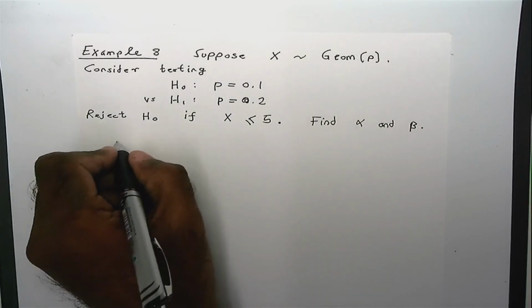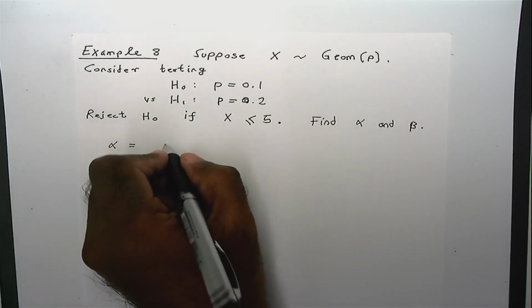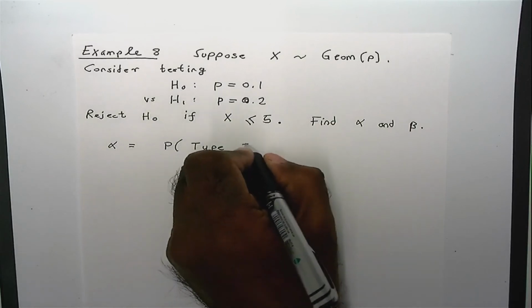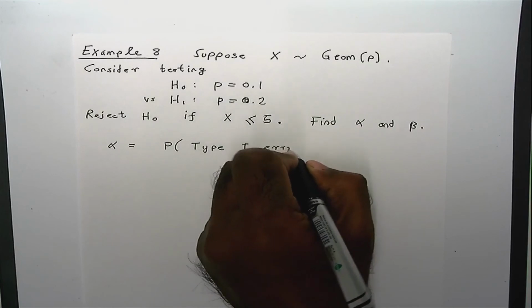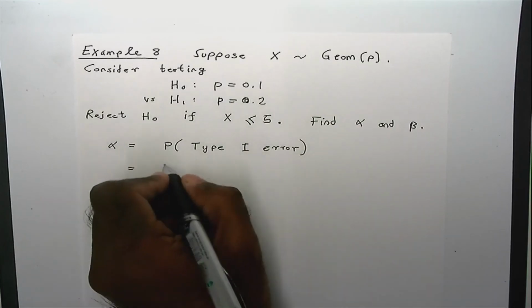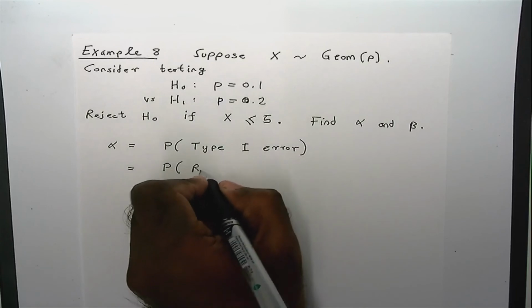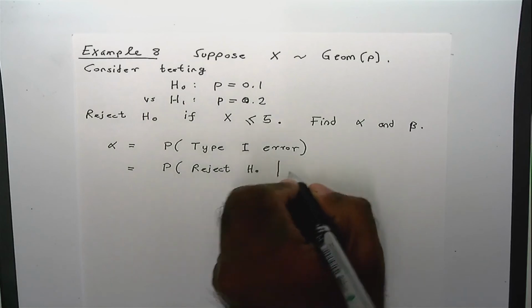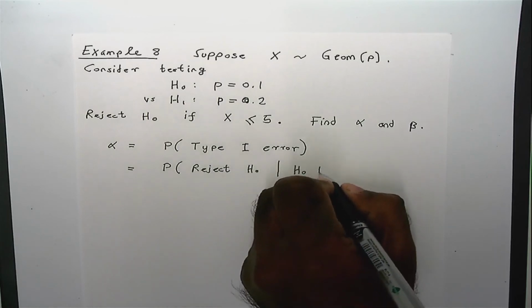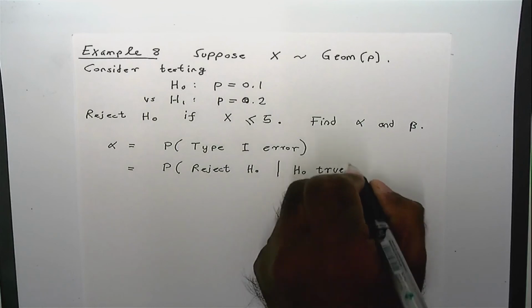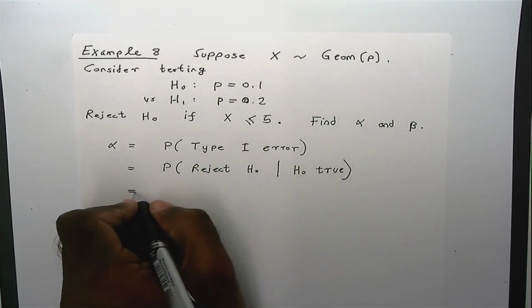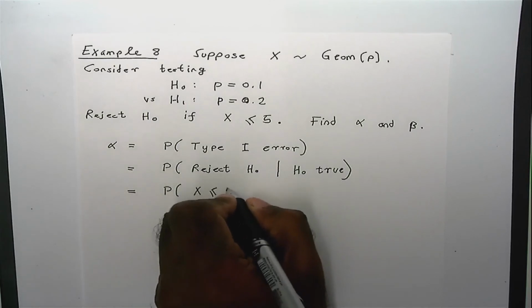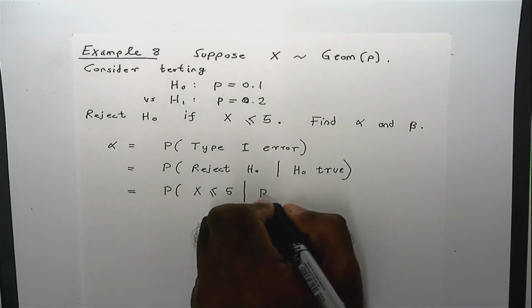So let's first find alpha, which is the probability that you reject H0 when H0 is true, that is, if p is 0.1.